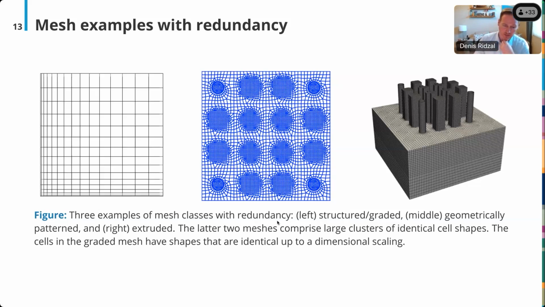Now here on the left is a different mesh. So this is a structured graded mesh where the cells are not quite identical, but they're identical up to a dimensional scaling. And so our computational infrastructure can make use of that as well.